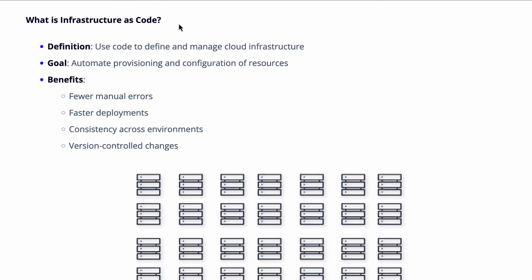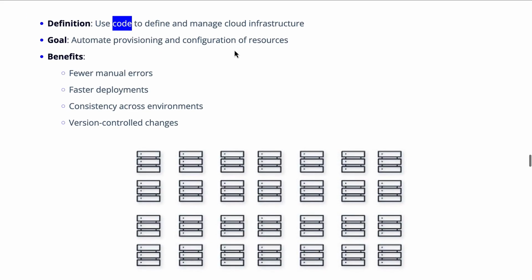So, infrastructure as code is using code to define and manage cloud infrastructure. We are talking about automating the provisioning, creation of these servers, and configuration of these servers. For example, I would want to configure OS, or I would want to install a specific software on the server. So it's not just provisioning, but also configuration of the resources.